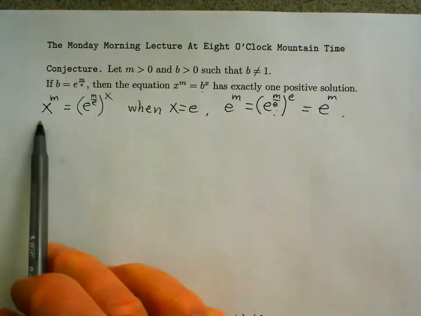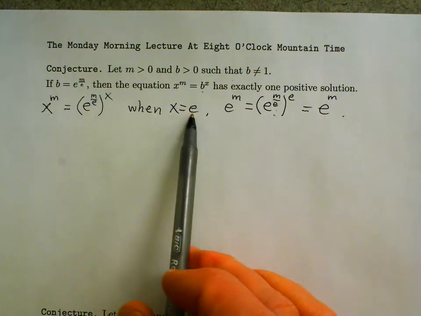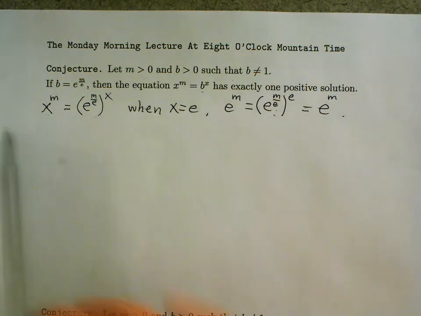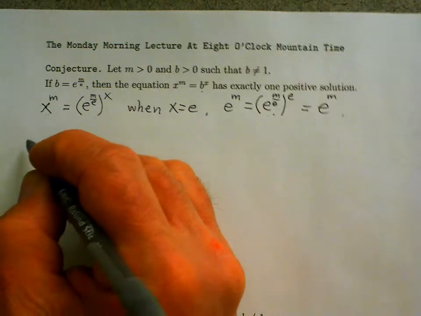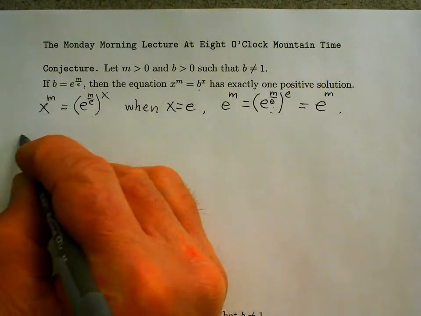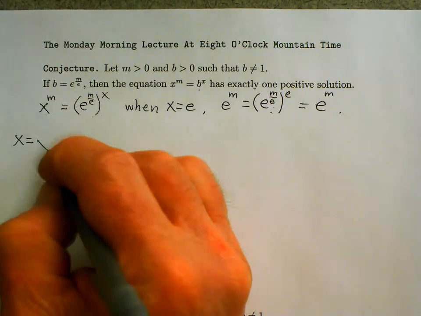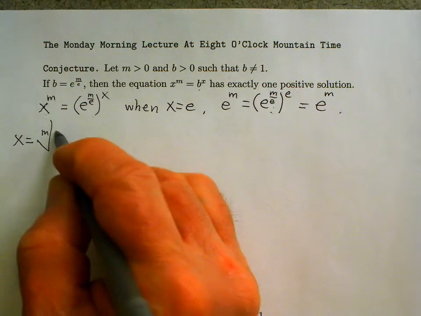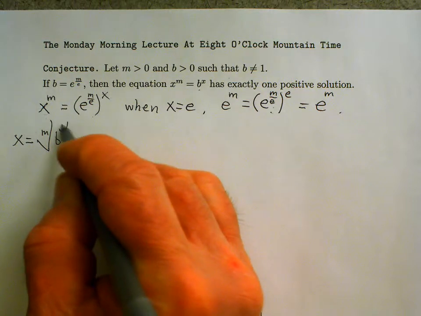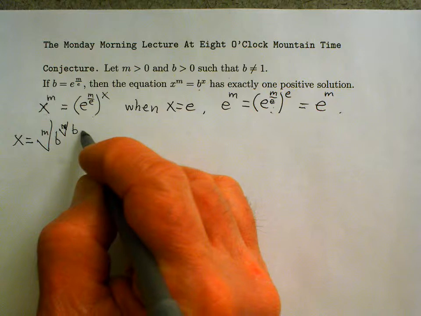Okay, but we want to show that x equals e is the only positive solution. So remember, in general, one of the solutions is x equals the mth root of b, raised to the mth root of b, and so on.